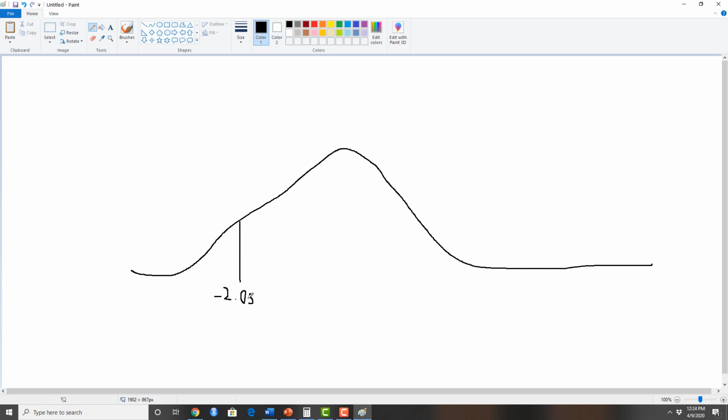Negative 2.08, and then 1.25. That might be a little too far out. Let's go right here, 1.25.